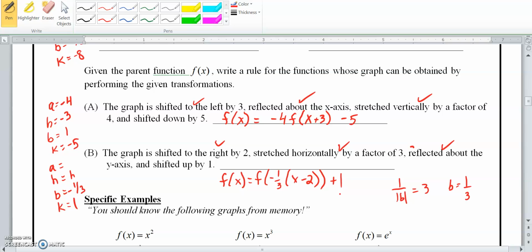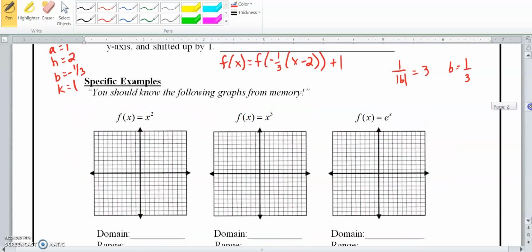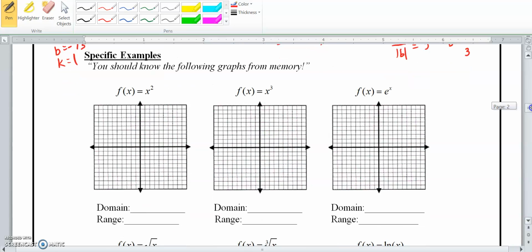Oh, we didn't talk about the fact that there was no vertical stretch or anything, so we do get to put a as 1. And we can move on to our next examples. Oh, sorry. Our next examples are actually the standard graphs.